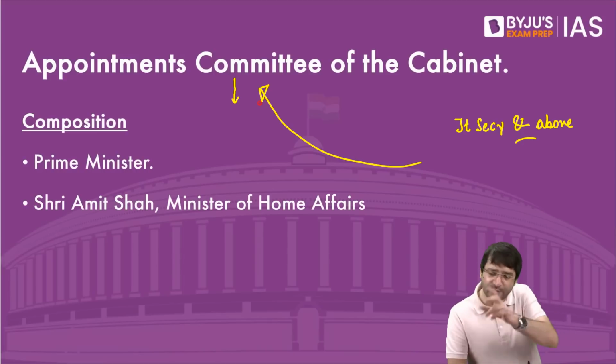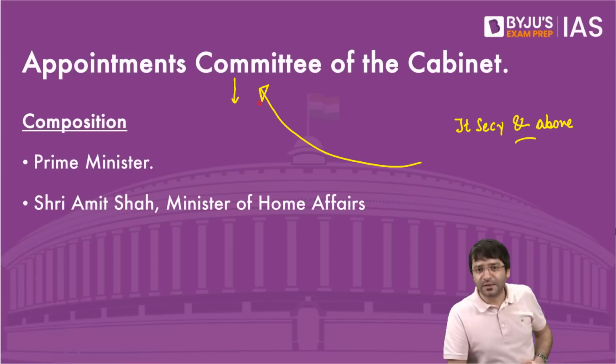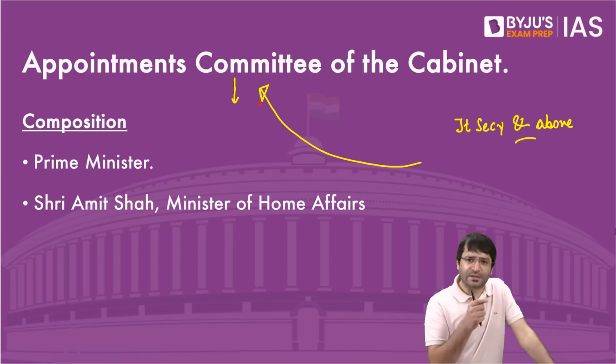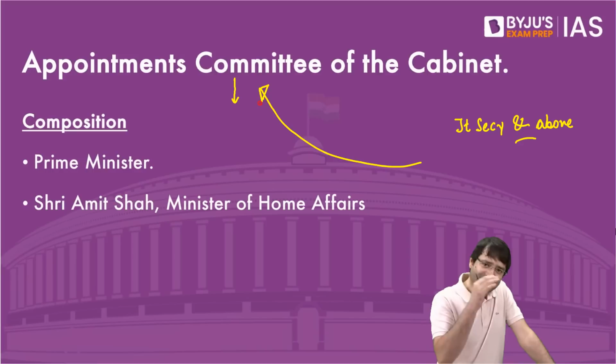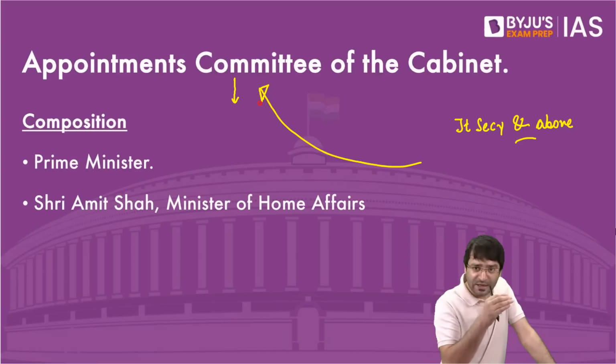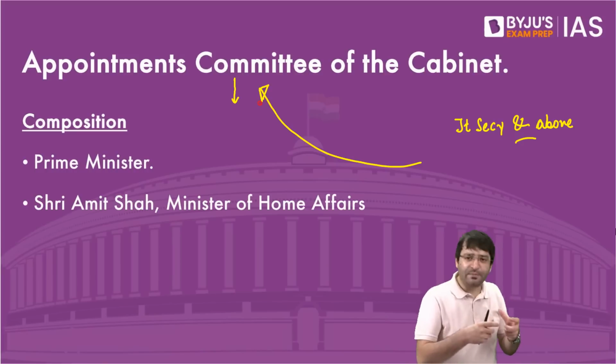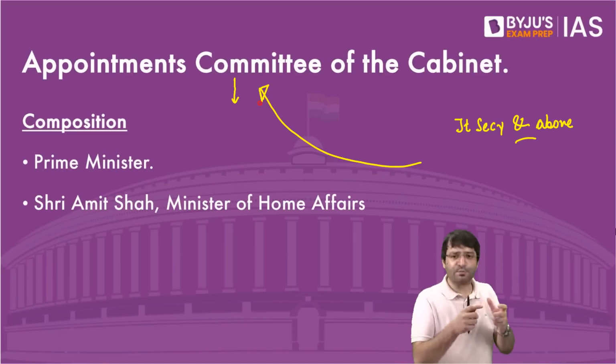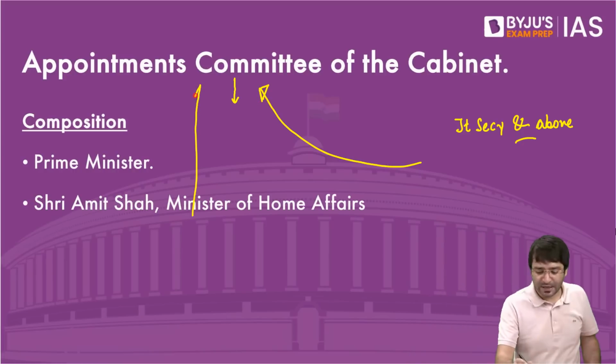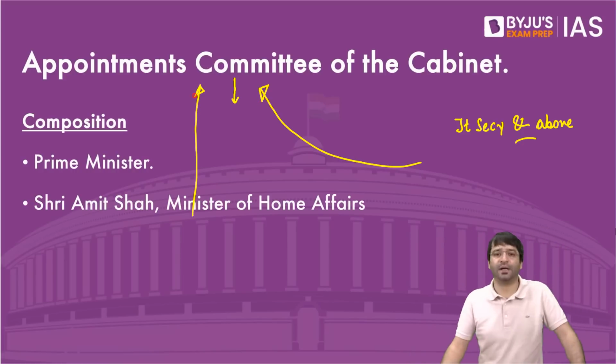Who is going to be the head of the Prasar Bharati? That this appointments committee will have to decide. So all the important appointments at the central level, appointment of bureaucrats of Joint Secretary and above, that is decided collectively by Prime Minister and Home Minister in this committee known as the Appointments Committee of the Cabinet.